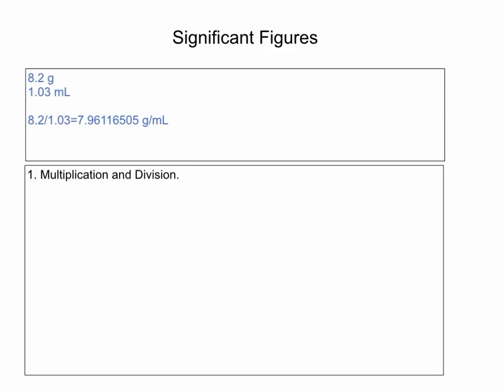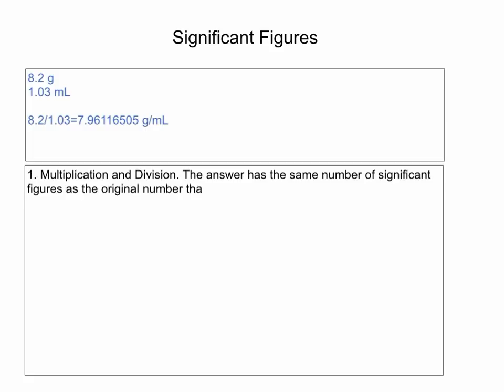Whenever you do a multiplication or division calculation, the answer has the same number of significant figures as the original number that has the fewest significant figures.